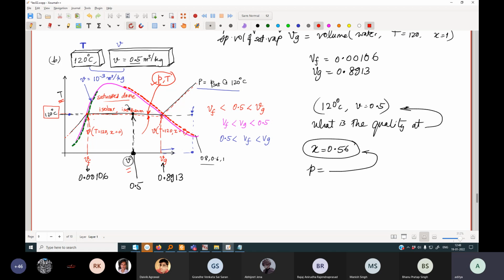The quality or the specific volume is varying independently. Okay, sir. So over here, we have zero quality. Over here, we have one quality. But regardless of being zero quality or one quality, they will have the same pressure and temperature inside the saturated dome.